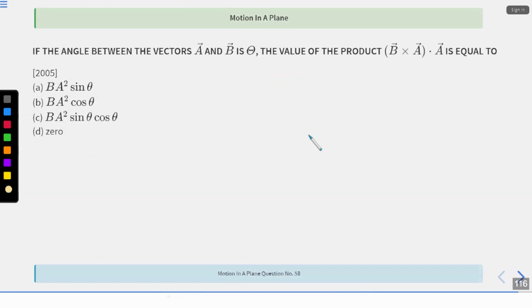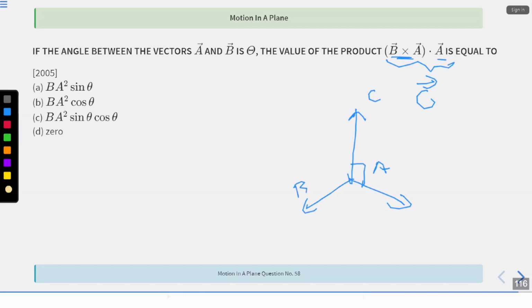Okay. The next question. If the angle between A and B is theta, the value of the product B cross A dot A is equal to what? So basically, let's take this as C. We know that C will be perpendicular to B cross A, and C will be perpendicular to A as well. So let's take C in this direction, and similarly A, so it's perpendicular. And this is B, and we know that B and A have an angle theta between them.